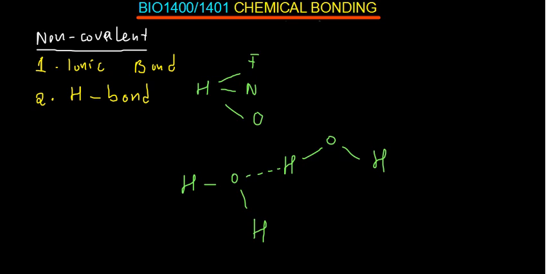Now, in water, because there are a lot of hydrogen bonds, they are going to be so strong. Even if you have one person who is weak, if they become a lot of them, they are going to be much stronger than you are if you are alone. Because we have a lot of hydrogen bonds in water, that is why you can't see one water, two waters, three waters. Because of hydrogen bonds.